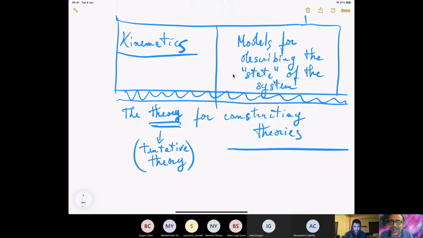A theory tells you how to build. Thermodynamics is a theory. What is thermodynamics telling you? How can I build engines which are energetically efficient? Structural mechanics is a theory. How to build a building which is not collapsing while I'm building it, and eventually is not collapsing when an earthquake arrives.